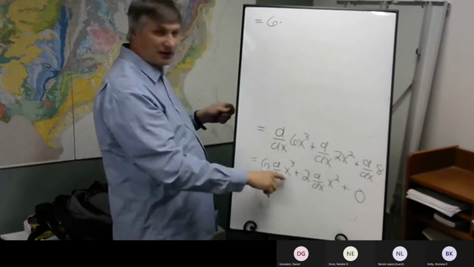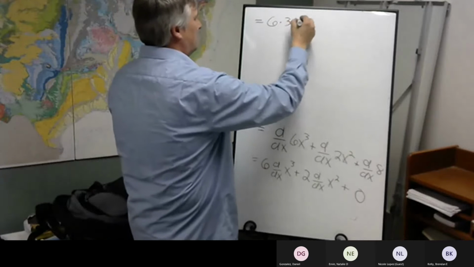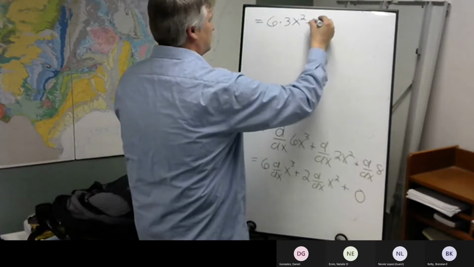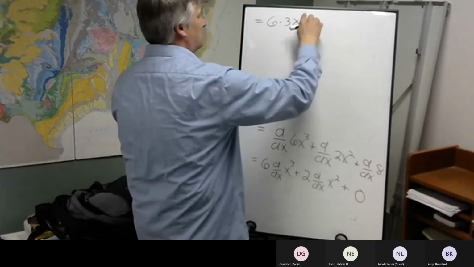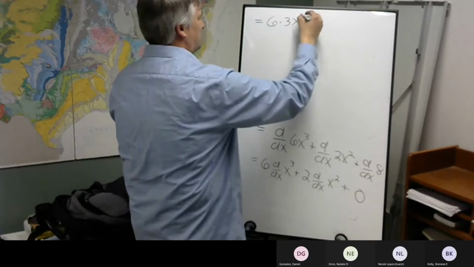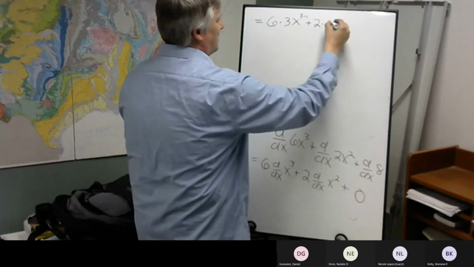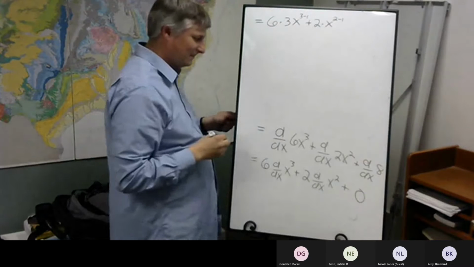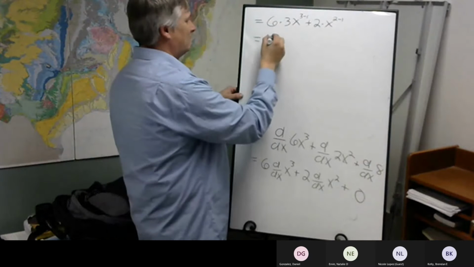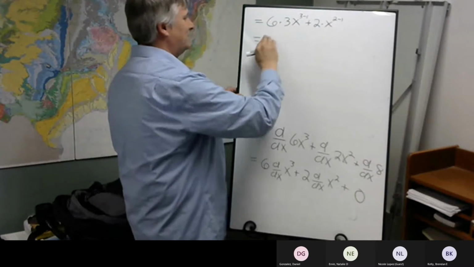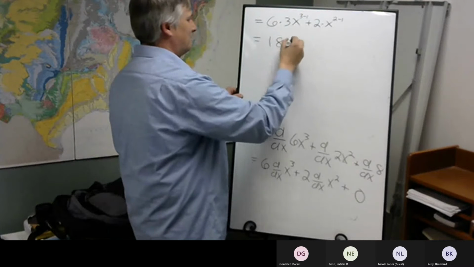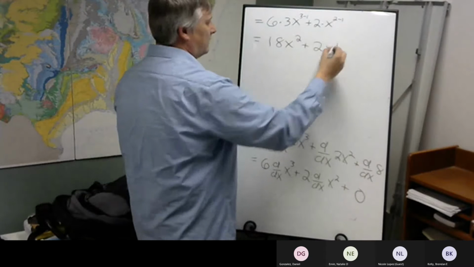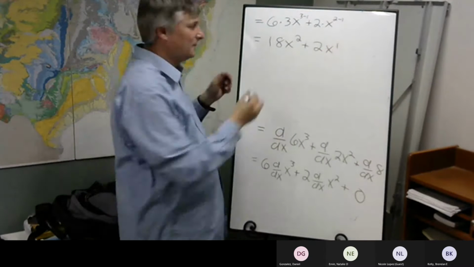So this will be 6 times 3x squared plus 2 times, oh, this is 3 minus 1, 2 times x to the 2 minus 1, 18x squared plus 2x to the 1, and of course x to the 1 is just x.